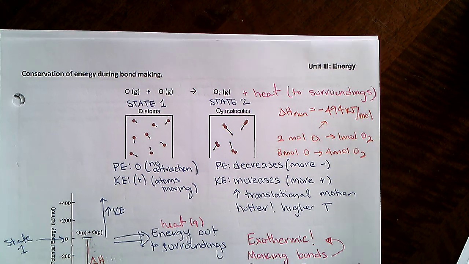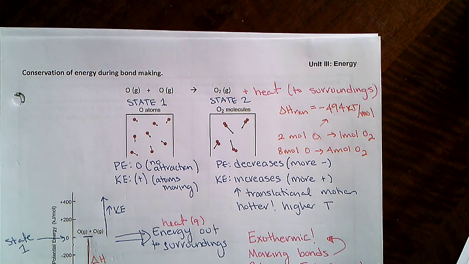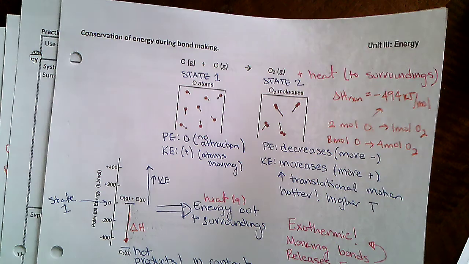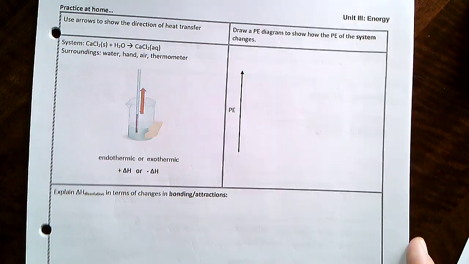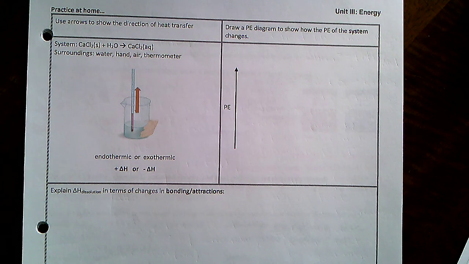That will make more sense as we see delta H's used in context. All right, the very last thing I want to talk about, or I just kind of want to pull this all together.